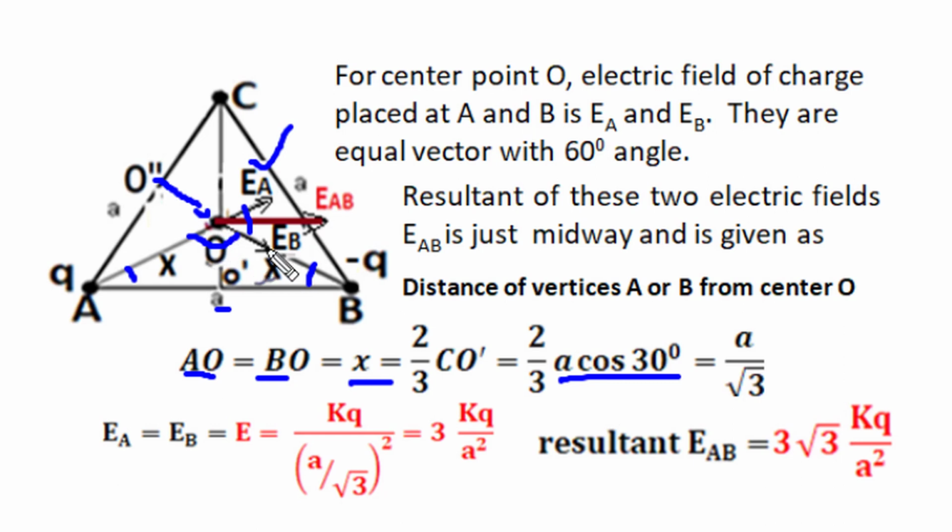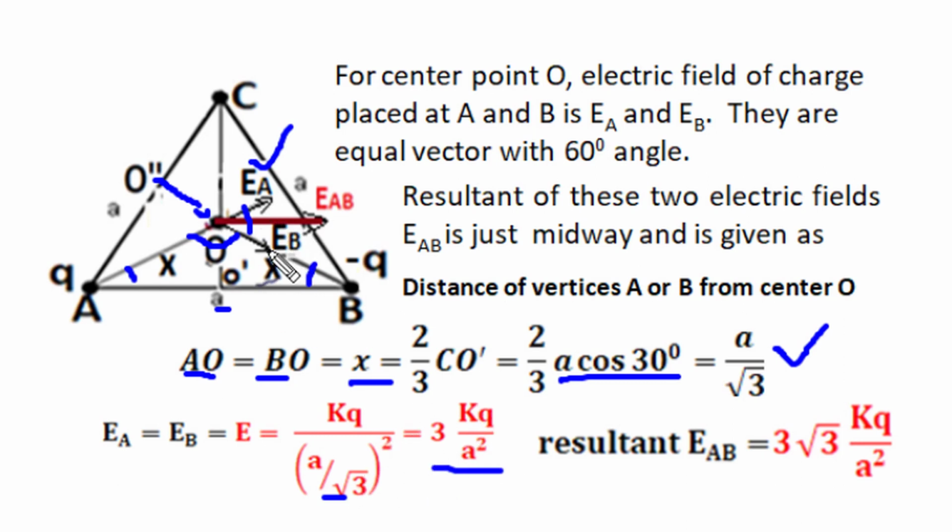The center divides this length in 2:1 ratio, so it is 2/3 of total length, and cos 30 is √3/2. Simplification will result in this distance as A by √3, and if for Q charge distance is taken as A by √3, then electric field intensity, as inverse square of distance, becomes 3 KQ upon A square.